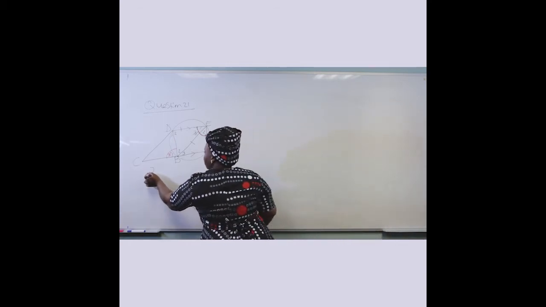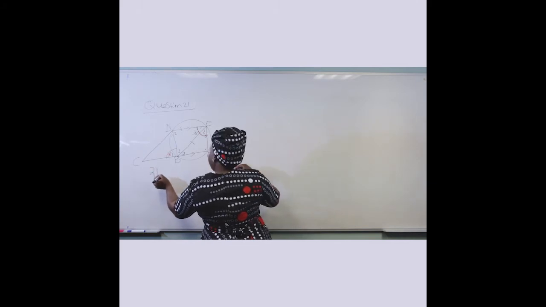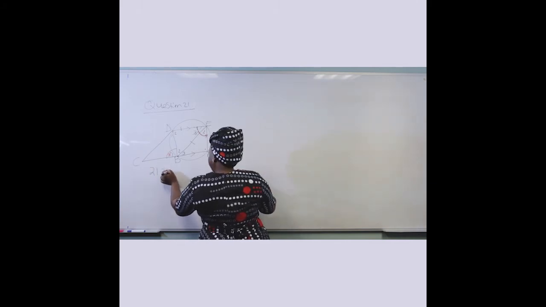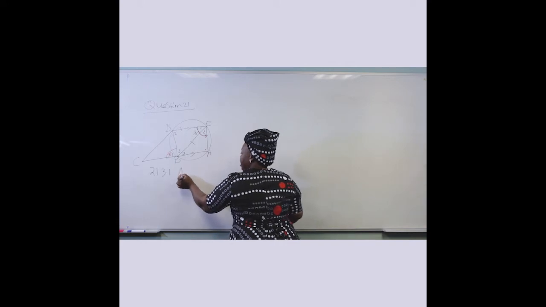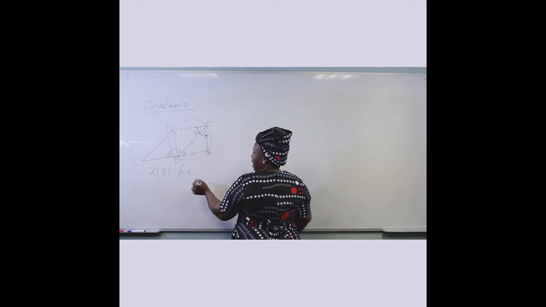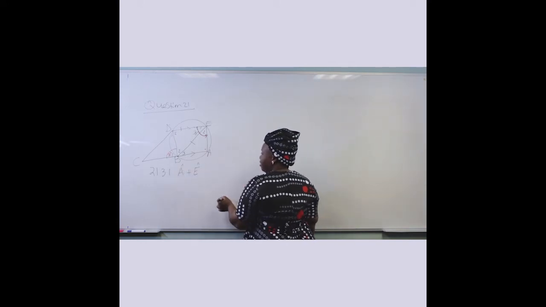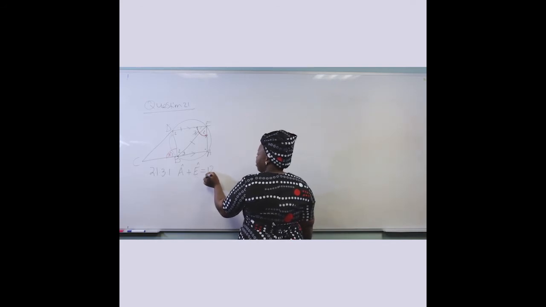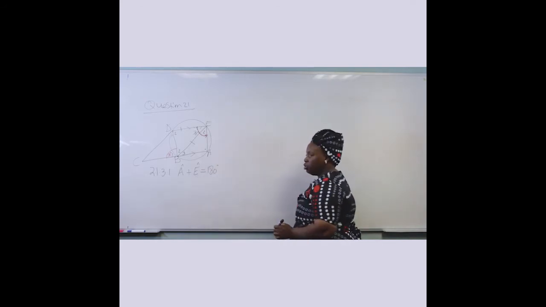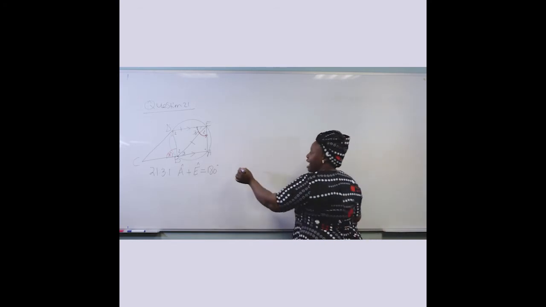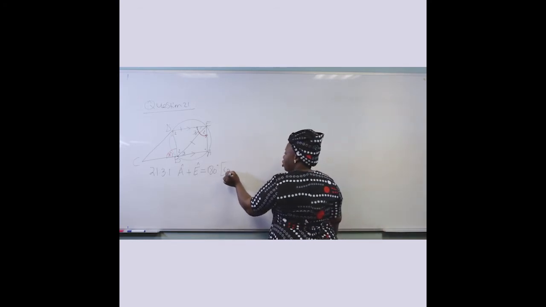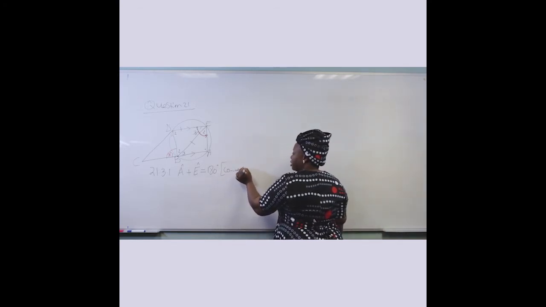It is 21.3.1. Okay, so it's angle A plus angle E, which is given to be 70. They're supposed to be supplementary, meaning that they're supposed to equal 180 degrees. Why? Because they are co-interior angles. Why?